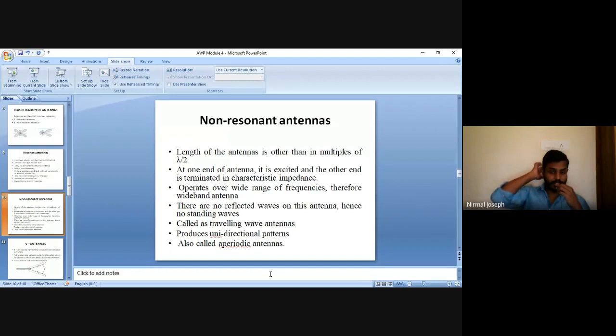That is a major difference. Since I already asked what is the specialty of characteristic impedance: it is nothing but the impedance of free space, or impedance of air. So an antenna is terminated in the characteristic impedance.